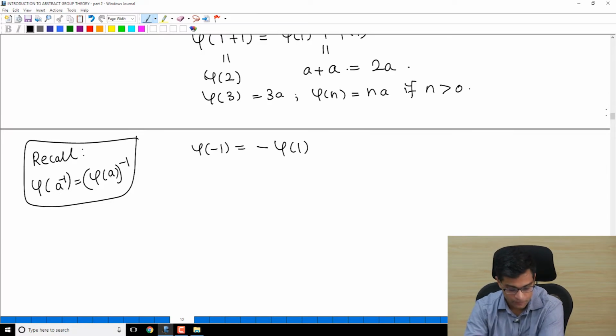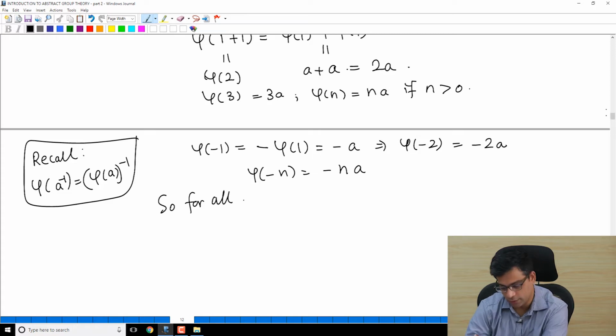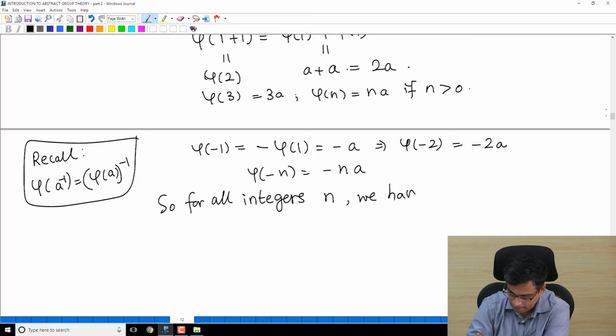The image of the inverse of a is the inverse of the image of a. So in this case, the inverse of 1 is minus 1. So minus 1 maps to the inverse of the image of 1, which was a. So phi of minus 1 is minus a. So that means phi of minus 2, by the same logic as before, is minus 2a. So you have phi of minus n is minus na. So for all integers now, not just positive integers, for all integers n, we have phi of n is na, right?